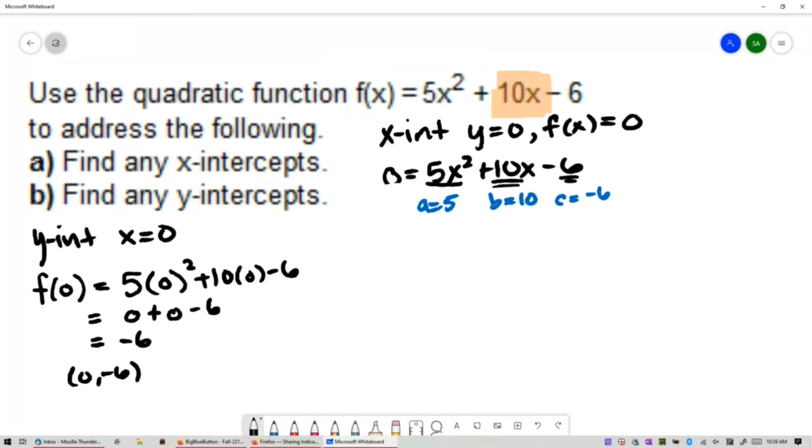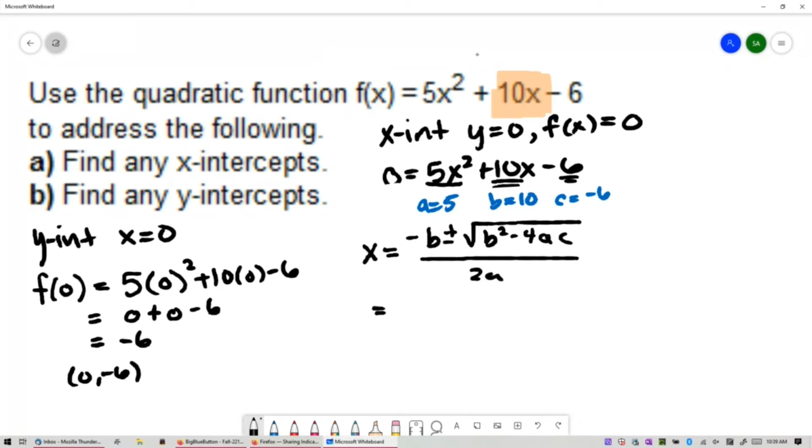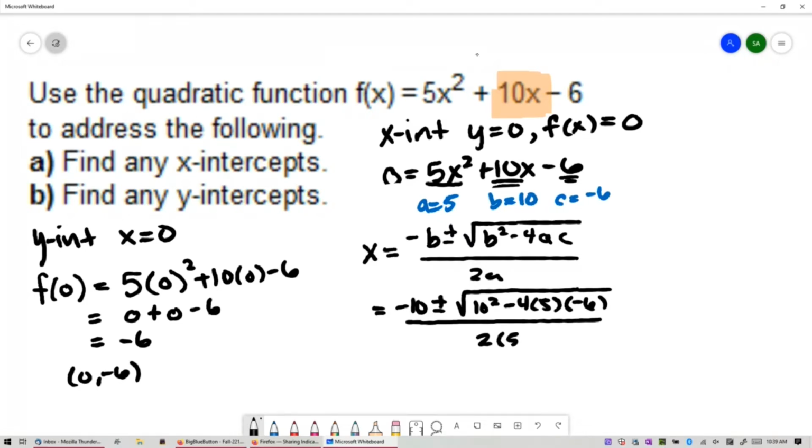The quadratic formula is x equals -b plus or minus the square root of b squared minus 4ac, all over 2a. I've got -10 plus or minus the square root of 10 squared minus 4 times 5 times -6, all over 2 times 5.